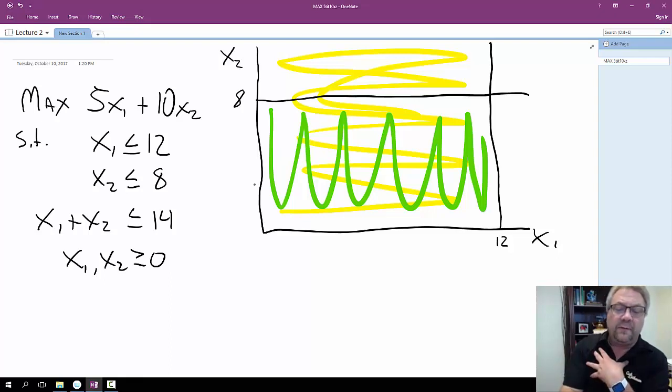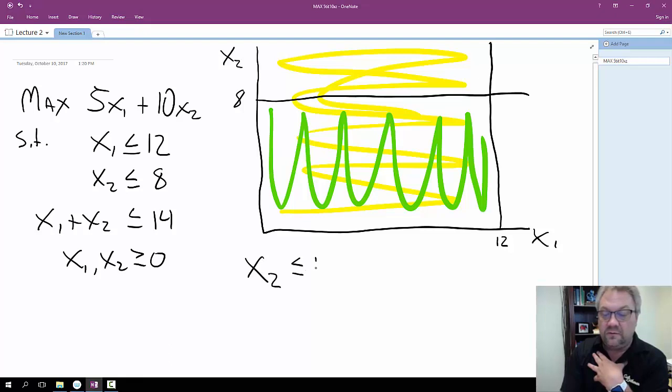So any equation that looks like this, solve it for x2. In this case, it's pretty simple. I'm just going to subtract x1 from both sides. So I'm going to have x2 less than or equal to 14 minus x1.